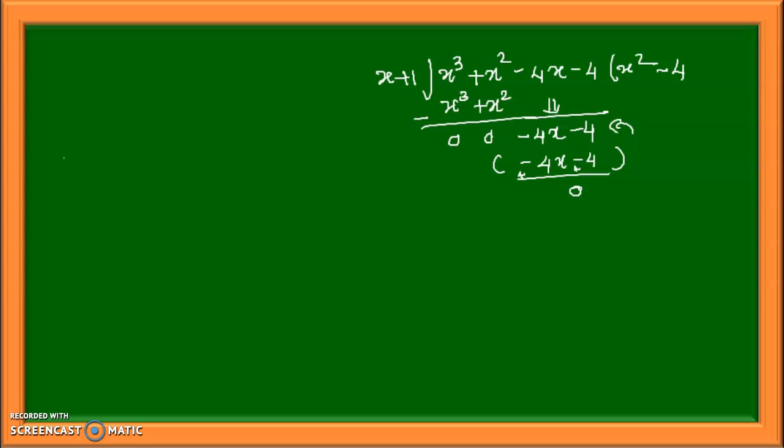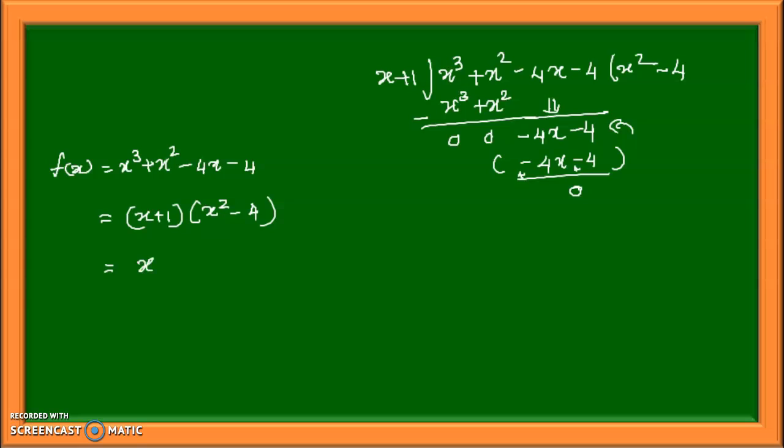So f of x, which is x cube plus x square minus 4x minus 4, can be written as x plus 1, one of the factors, into the other factor, the quotient. This is in the form of divisor into quotient plus the remainder, which is 0. So we can write it like this.